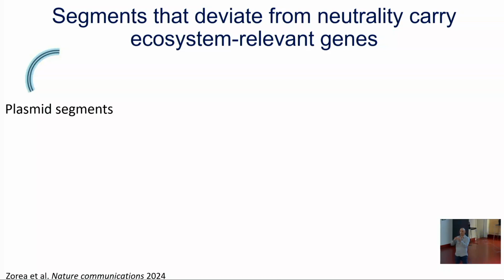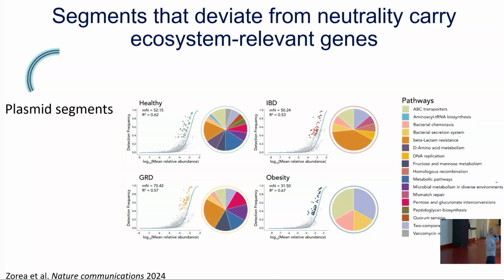And we asked ourselves whether they also obey neutrality in each one of the disease states. And indeed, we find that in all disease states, they actually correlated very nicely with neutrality. And in each one of the states, we do find genes that are deviating from neutrality.